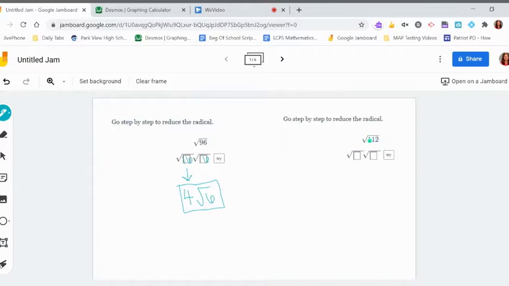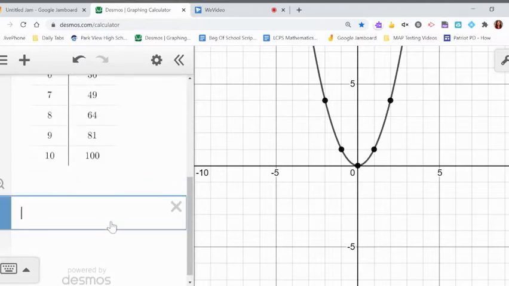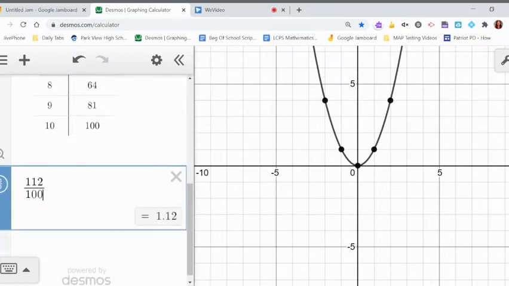My next one here, 112. Get rid of this, and I'm going to do the same thing with 112. Divided by, I'm going to start with 100.